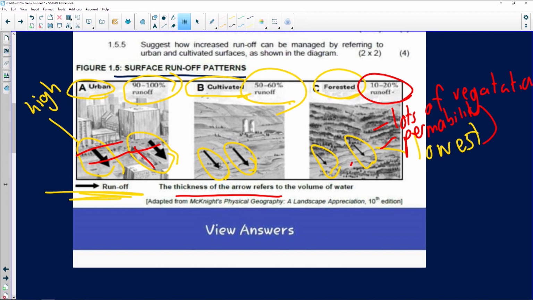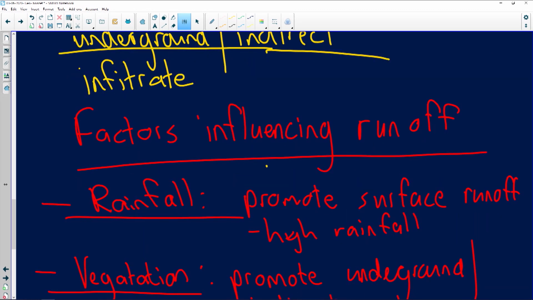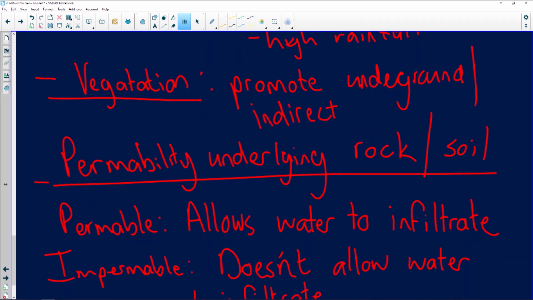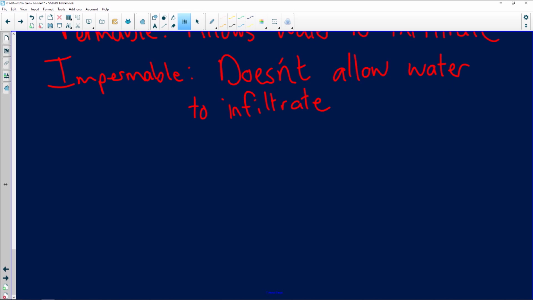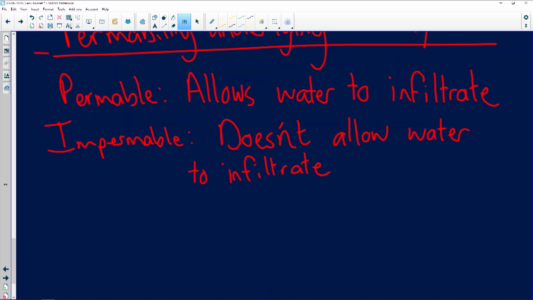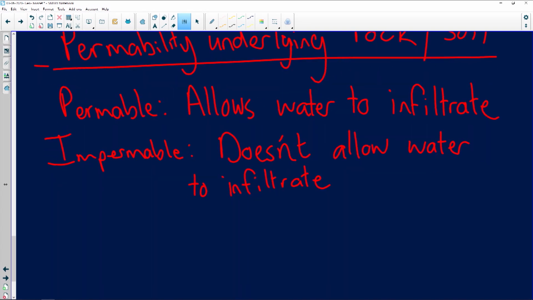Okay, and over here, we can mention impermeable. So that's some of the factors. So we can throw that in with the type of soil and the underlying rock. Okay, now very important, keep in mind, it can be human structures as well. Another reason we can add over here, so we look at the permeability of underlying rock, the vegetation.